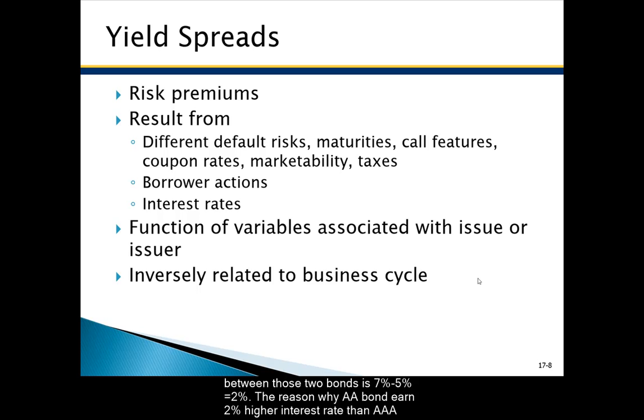The reason why the AA bond earns a 2% higher interest rate than the AAA bond is that the AA bond is riskier, and the 2% extra return is compensation for the extra risk bearing. Therefore, the yield spread can also be seen as a risk premium. In the past, when the economy is getting worse, the yield spread tends to get higher, and when the economy is getting better, the yield spread shrinks. The yield spread is often used by investors to predict stock market trends.